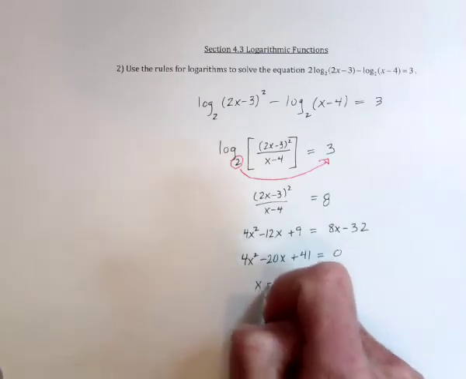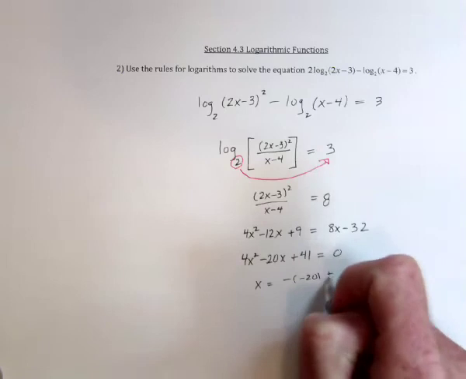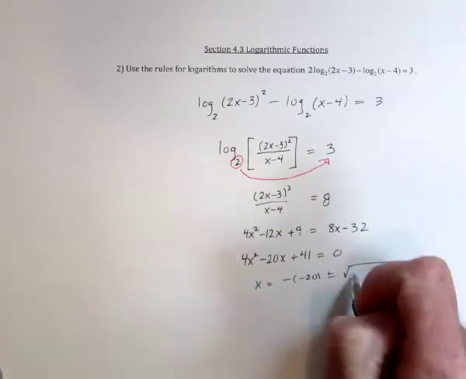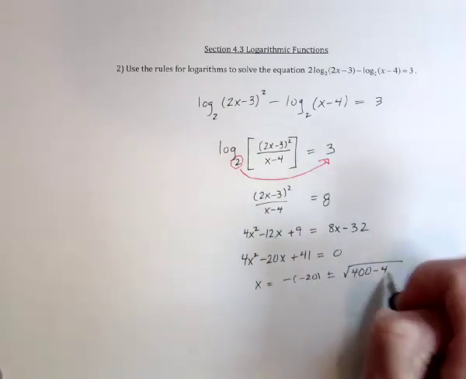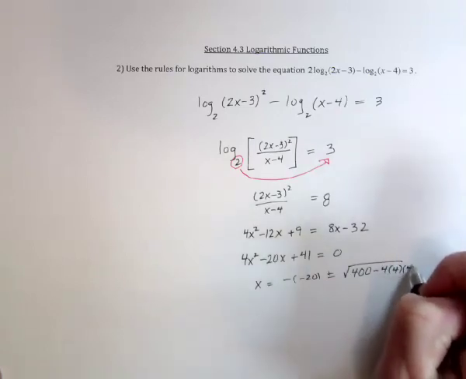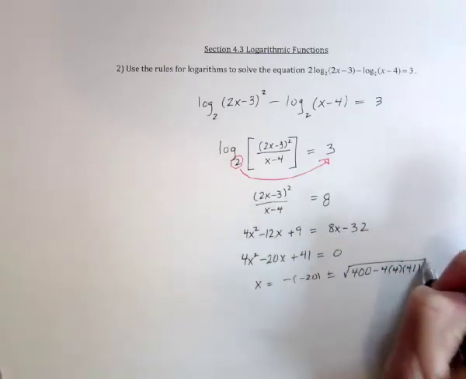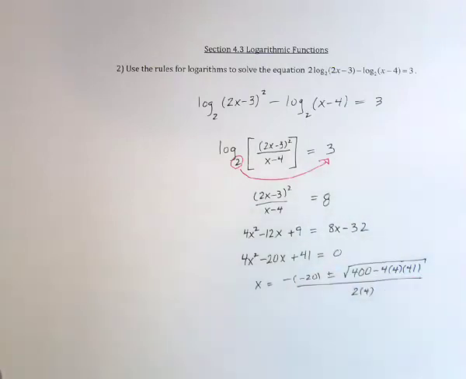So x is equal to negative b plus or minus the square root of b squared minus 4 times a times c, and then it's divided by 2 times a.